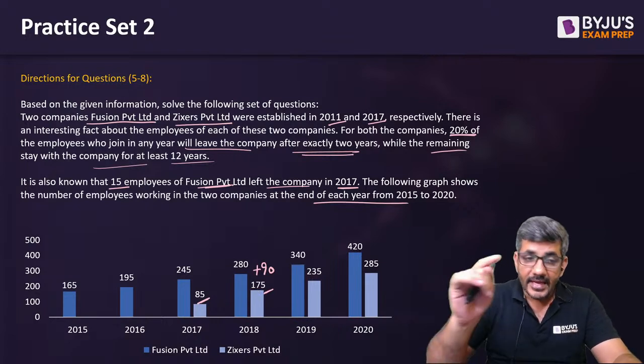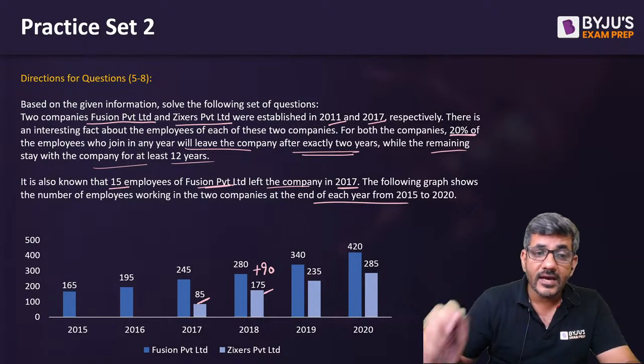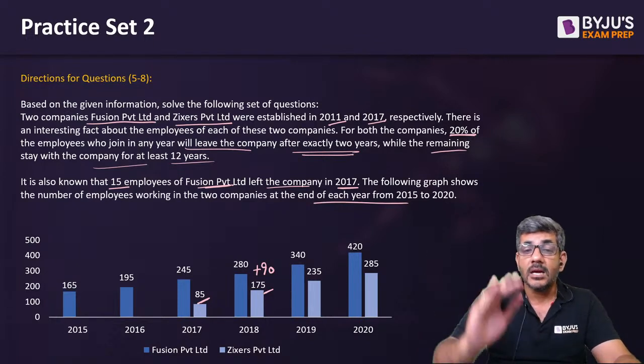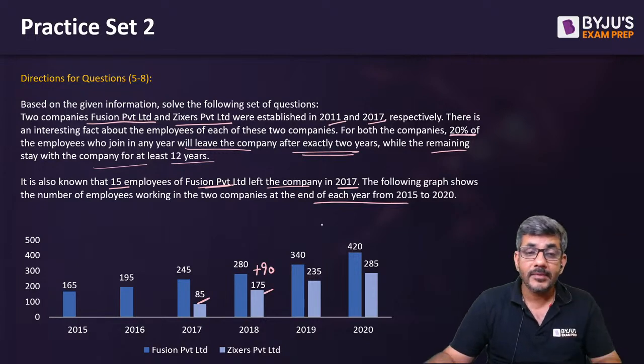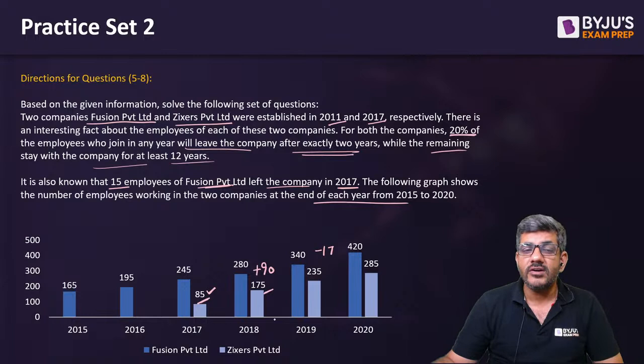We had 85 employees at first, now they are 175. So going from 85 to 175 means the number of employees has increased by 90, and no one has left. But in 2019, 20% of these will leave. 20% of 85 is 17 of them would leave.